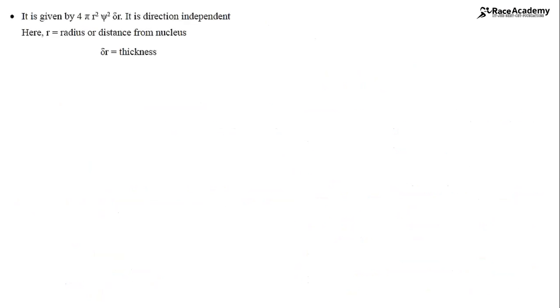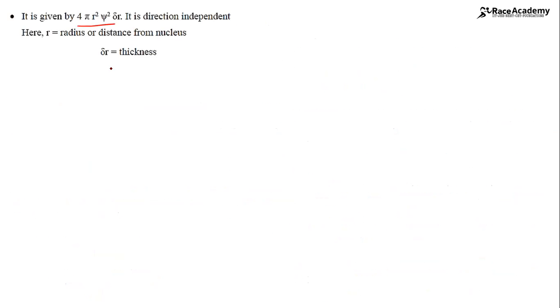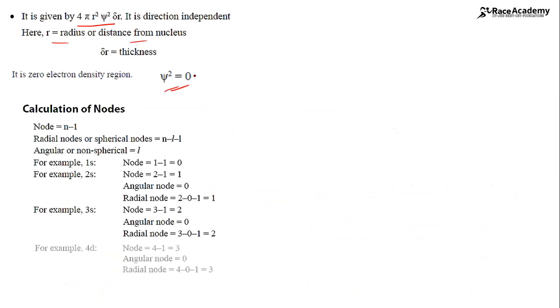It is given by 4 pi r square psi square dr. It is the radial probability distribution function, direction independent here, and r is the distance from the nucleus. dr is the thickness, and in the zero electron density region, psi square will become 0. Now, calculation of nodes.